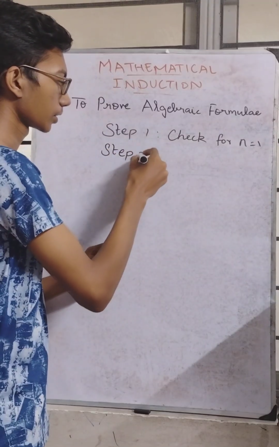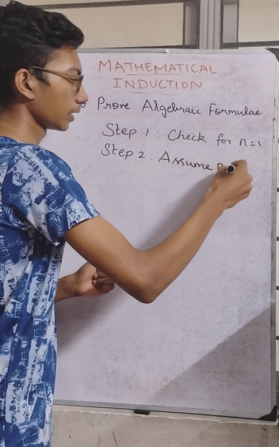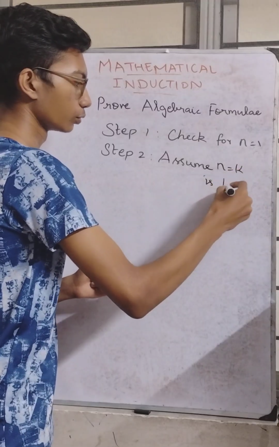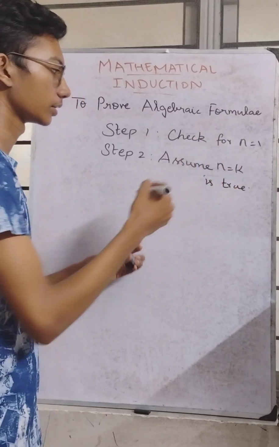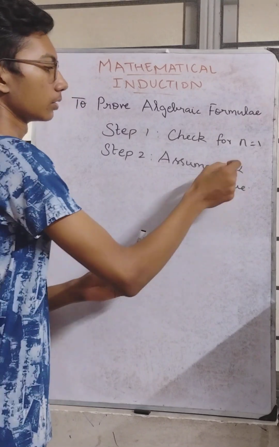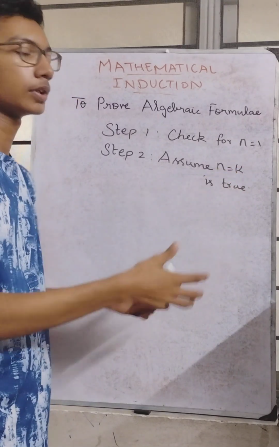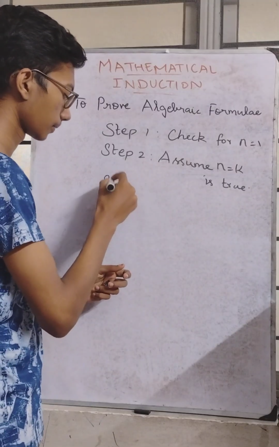Next, the second step is assume n equal to k is true. So the next step is you have to put the value of k. This is another variable. You have to put the value of k for n and you need to assume that it is true.